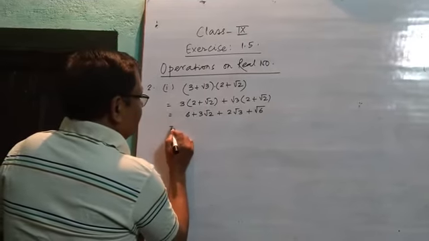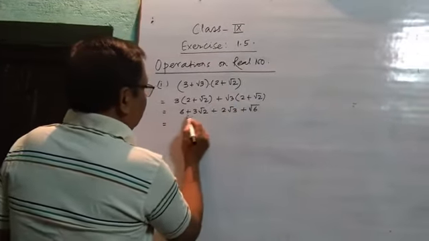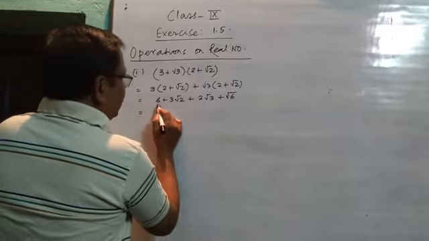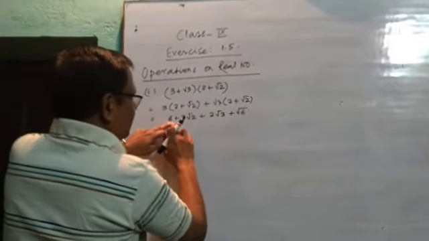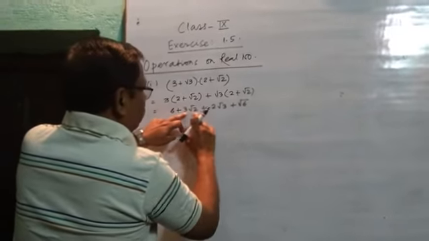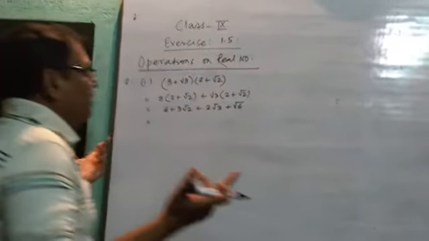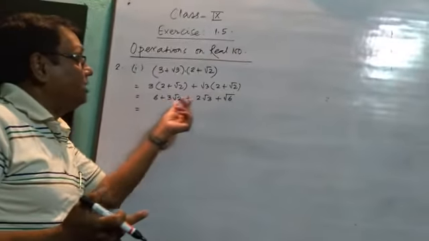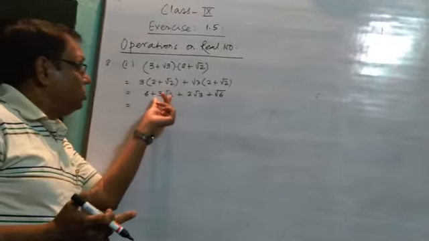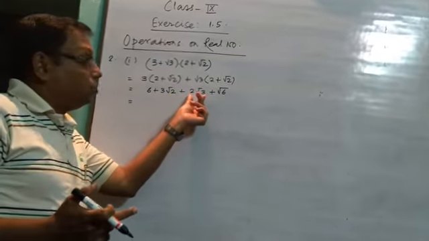Now in this case you will find that 6 is completely a rational number. 3 root 2 and 2 root 3, we cannot do anything more because they are unlike surds. It is 3 root 2, it is 2 root 3.